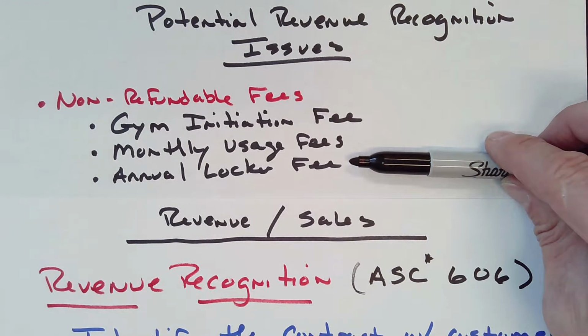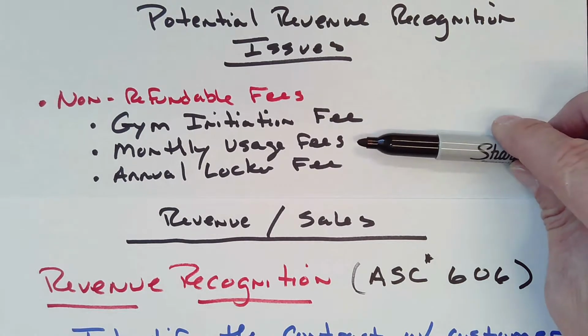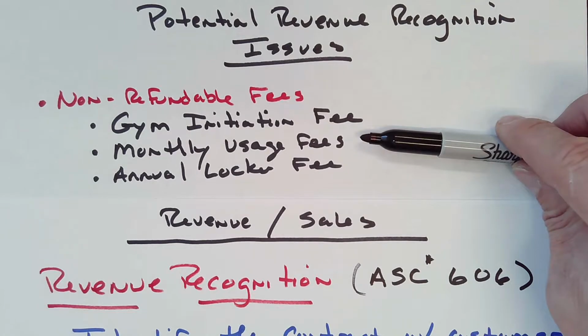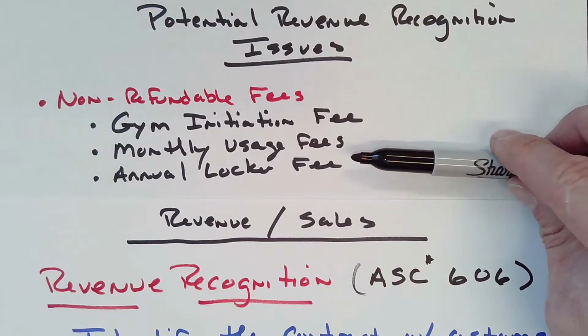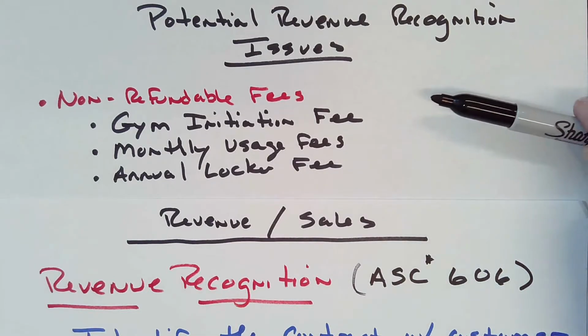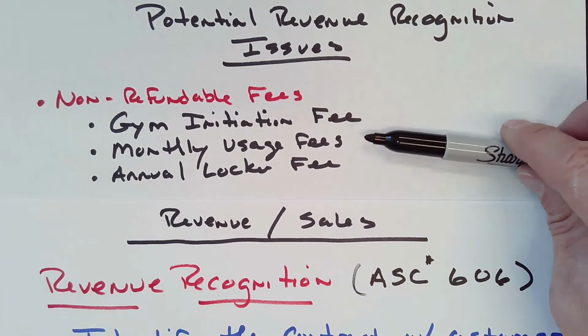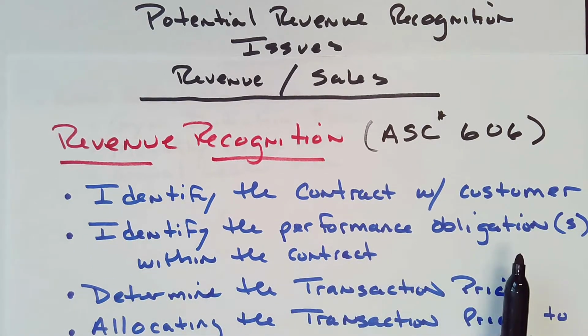So my performance obligation is to allow you to come in every day, as long as you want, and use the facilities. And the locker fee, you pay annually, and you have access to this locker throughout the period of time. Also non-refundable, and then this is month to month. So we've at least identified what the performance obligations are within the contract.